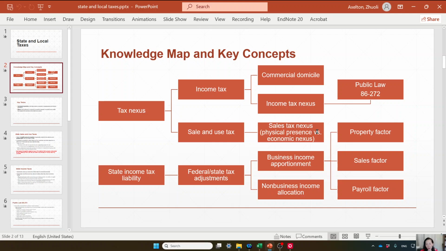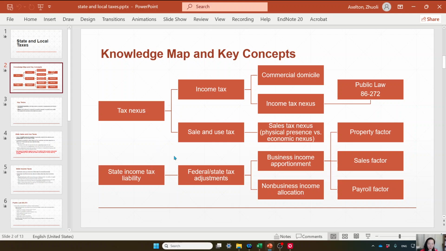Then, if there's no physical presence, the next thing is economic nexus, really whether the business has any economic activities within the state. So tax nexus is a super important concept in the state and local taxation domain, because it establishes the tax jurisdiction for a particular state, for a particular business.